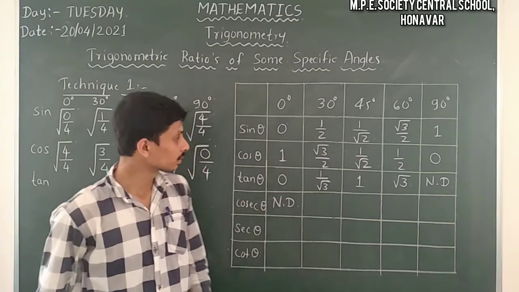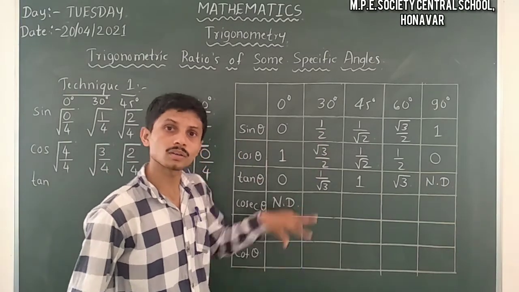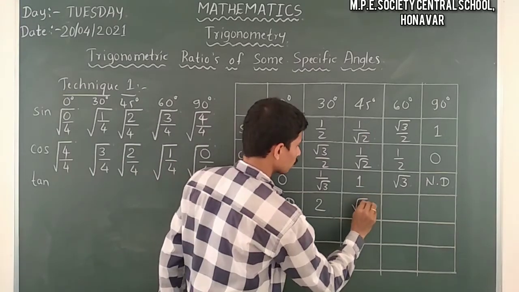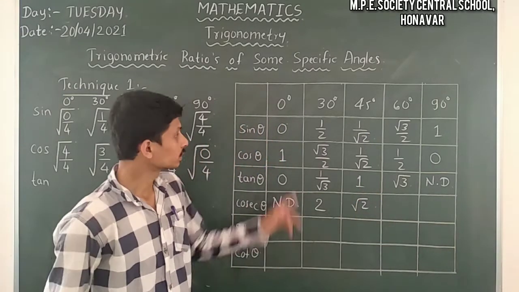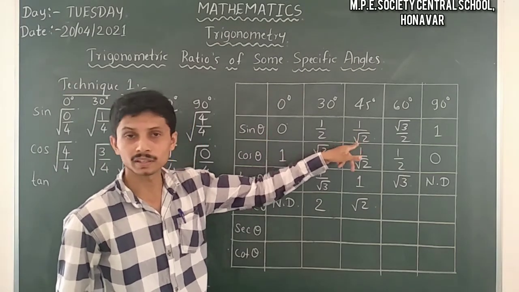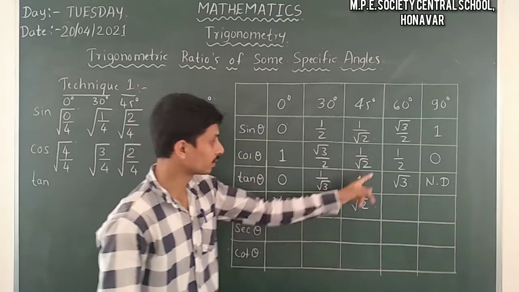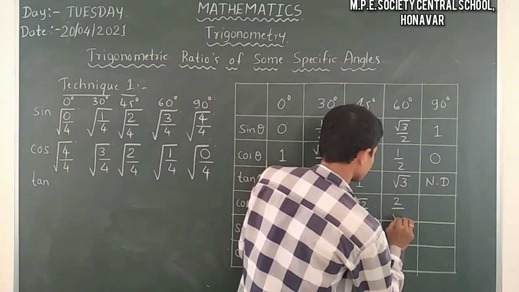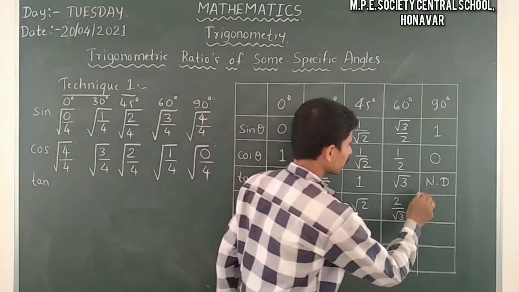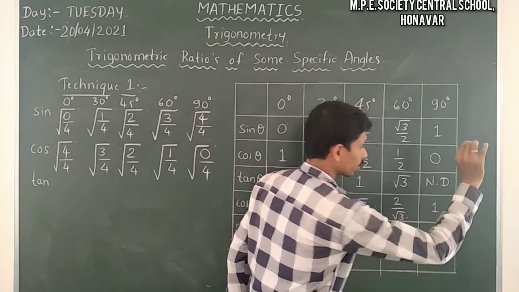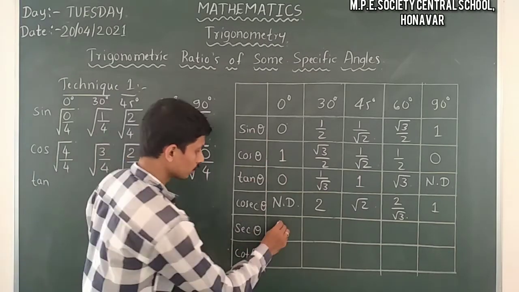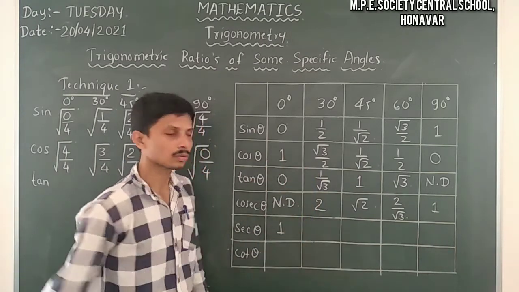Then 1 by 2, just reverse it, we get 2. The reciprocal of sin 45 degree gives root 2. And here 2 by root 3, then 1 by 1 remains as 1 only.